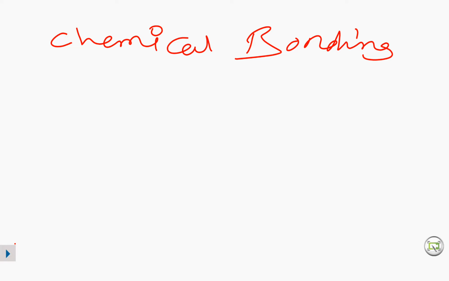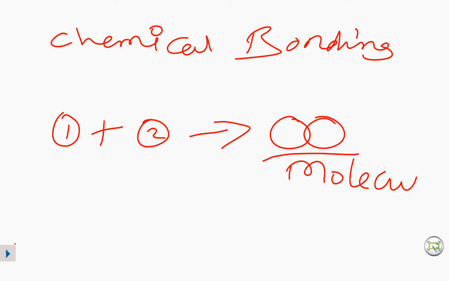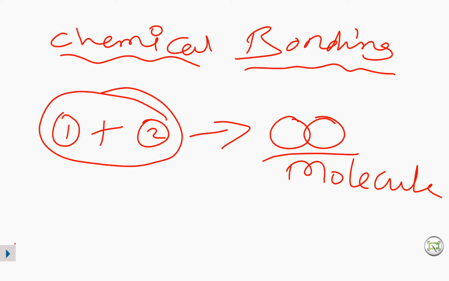So two atoms are combined. Suppose this is atom number 1 plus atom 2. What will it form? It will form a molecule. Two atoms are combined to form a molecule. So this is known as chemical bonding: the property of combining of atoms to form a molecule, or combining of atoms of two different elements to form a compound.